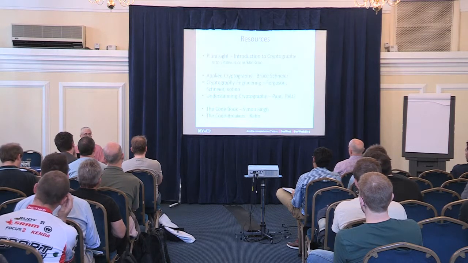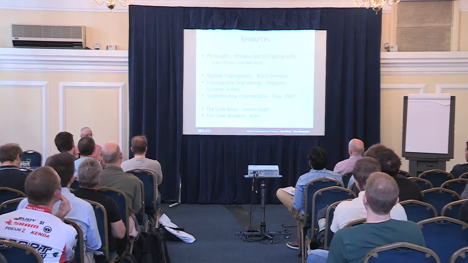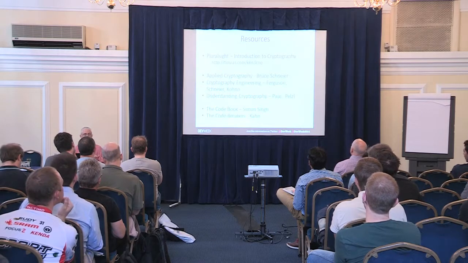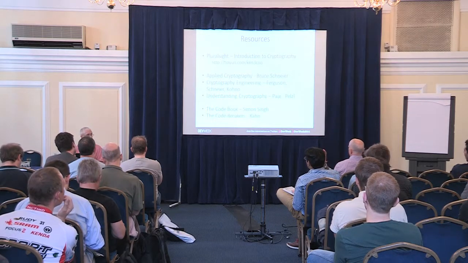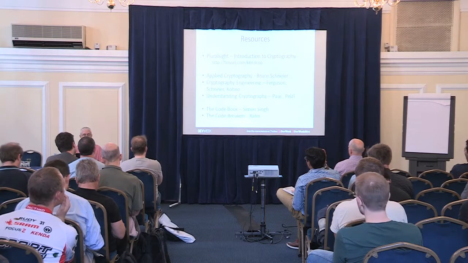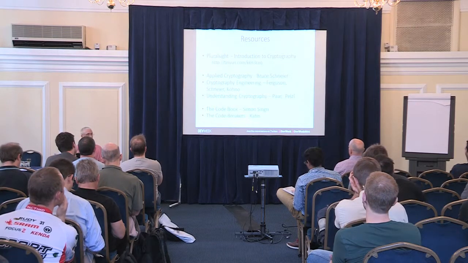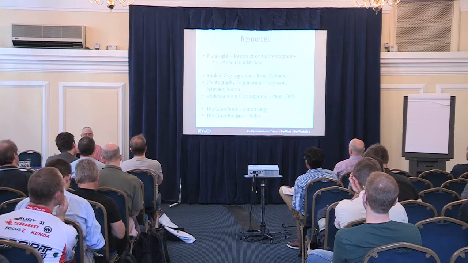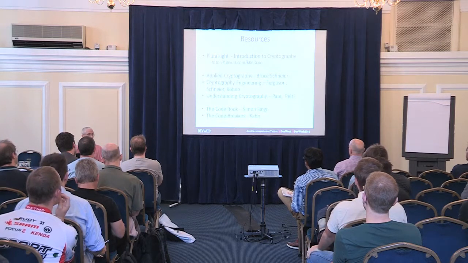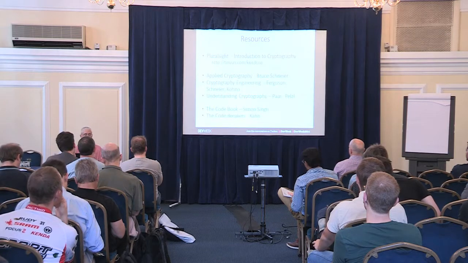Some resources, I do have a course on Pluralsight that goes into more detail on all this. Applied Cryptography is a really good book. It's a little older, by Bruce Schneier, but it covers a lot of good stuff. These other two, when you were asking about the mathematical stuff about primes, go into a lot of detail about the prime numbers and how they get generated and why they're difficult and why you can't get the reverse pair.